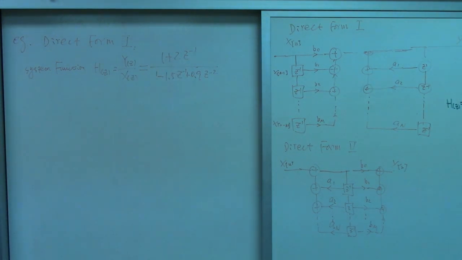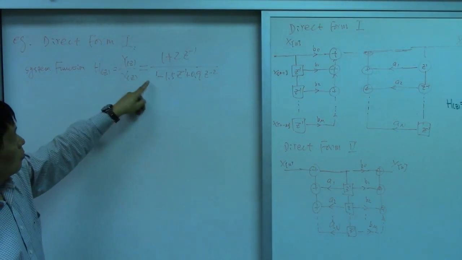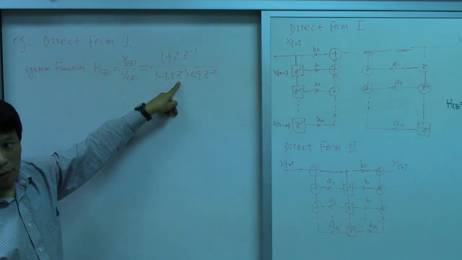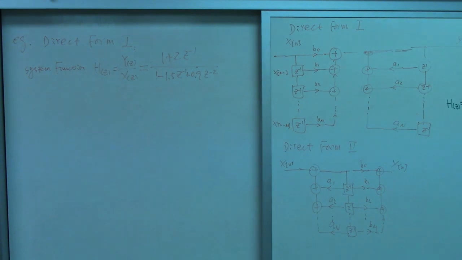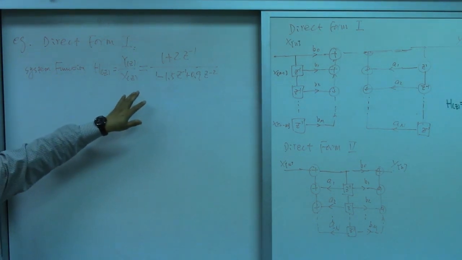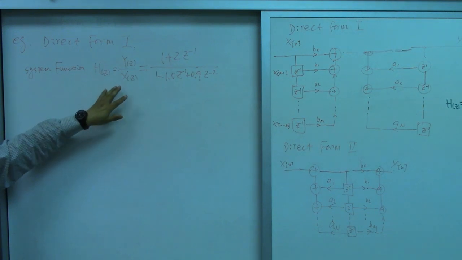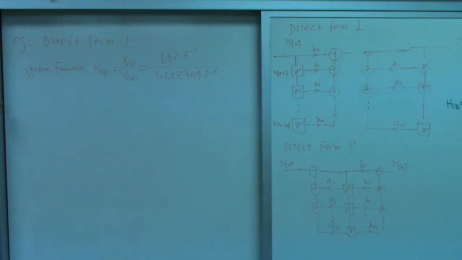So that is good. Then plus 1.5 yn minus 1, right? But what you said here is minus 1.5. So think about the sign of this. You need to understand the meaning of this system function, and also derive the difference equation. Then it is very clear how to draw the diagram.